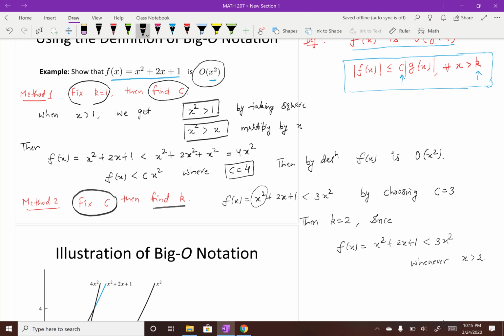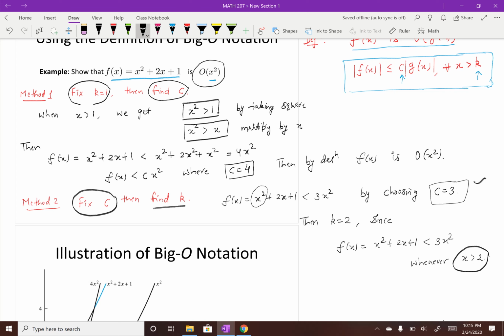Okay, so this way you can fix the value of c just by looking at the growth of the function and what you have to prove. And once you fix the value of c, then the challenge is to obtain the value of k, and you can easily obtain it. You just start putting the value of k as a positive integer.